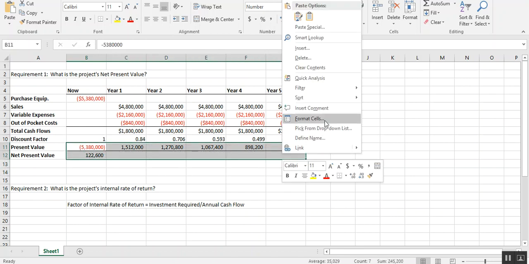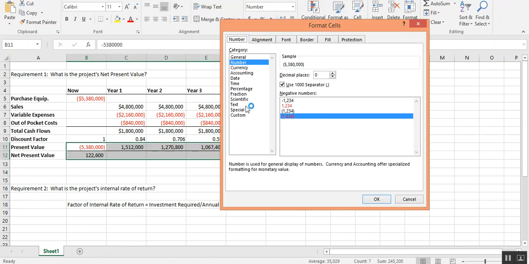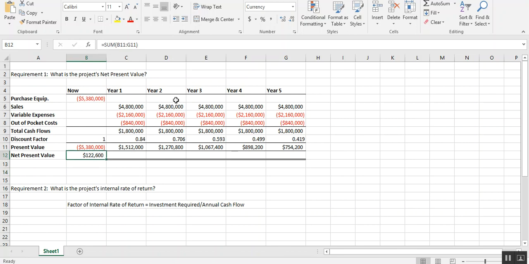I'm missing my dollar sign, so it's going to bother me. Let me put those in. So that is actually our net present value, and that was what we were supposed to find in requirement 1.